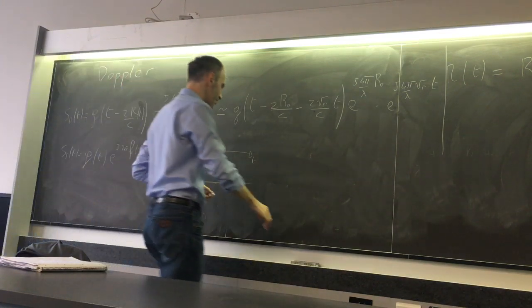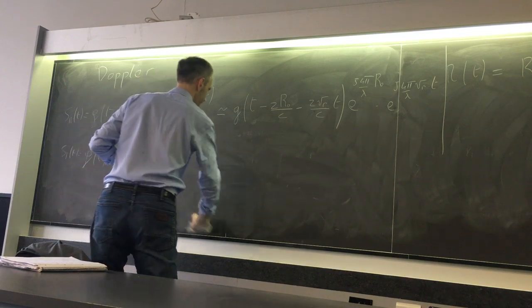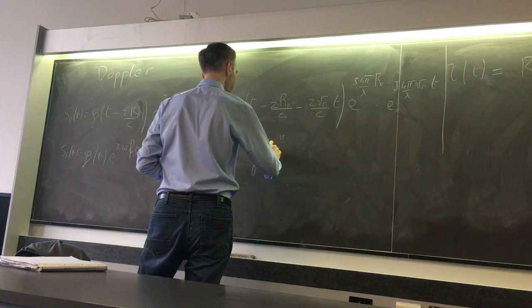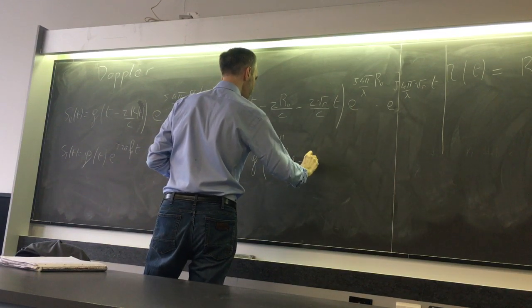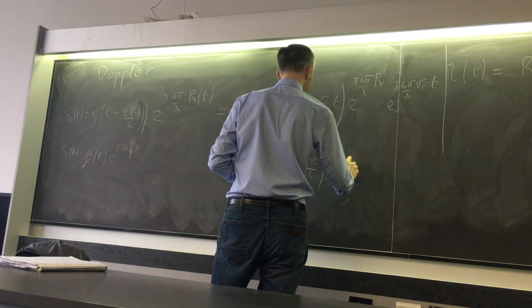You can write this pulse as g of t times 1 minus 2 Vr divided by c, minus the delay.